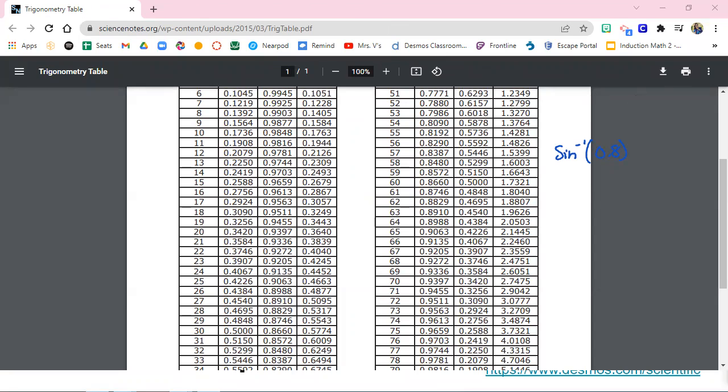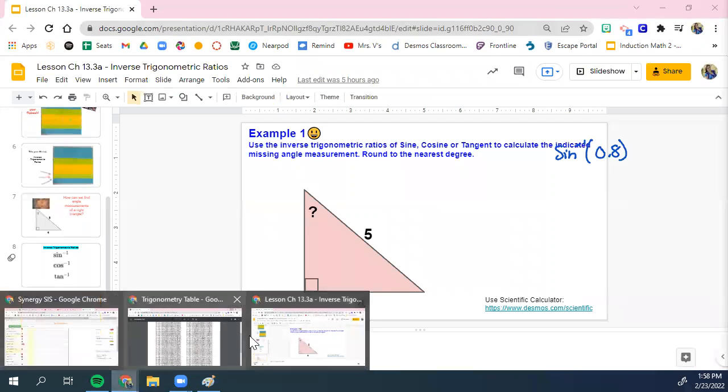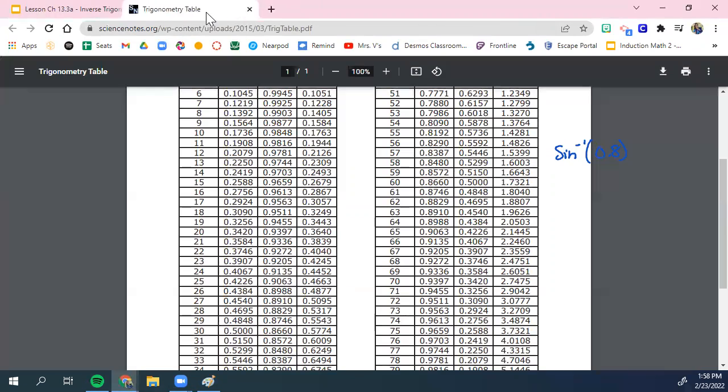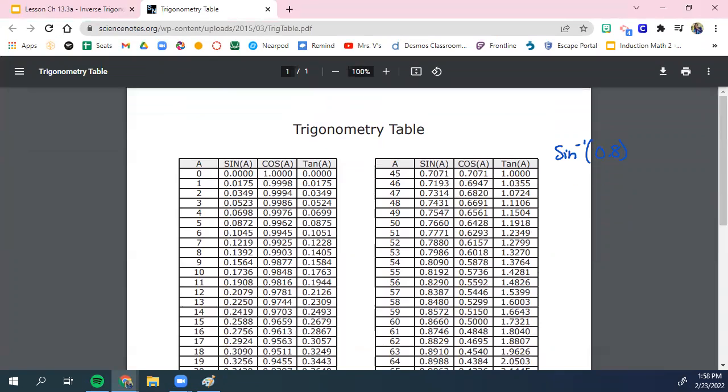So here's my table. I'm going to look at sine of my angle, and look for the value that approximates closest to 0.8.